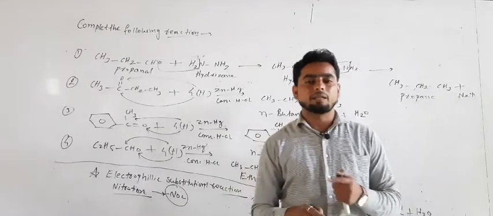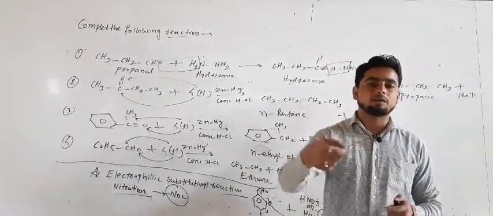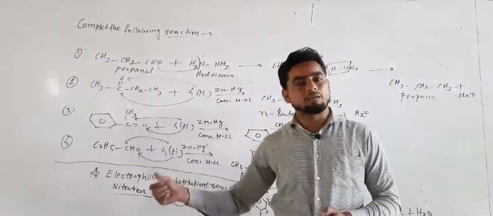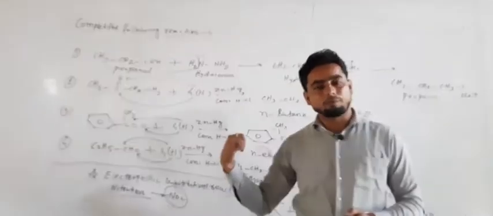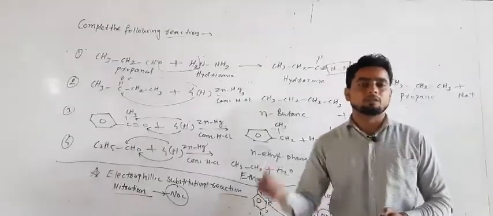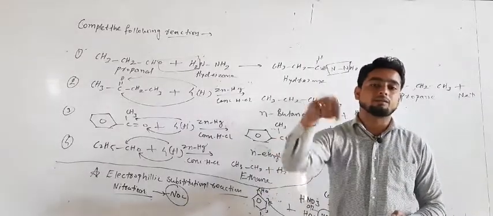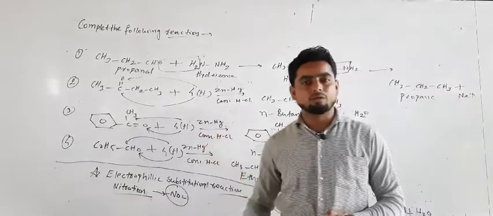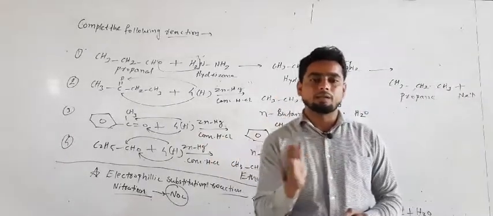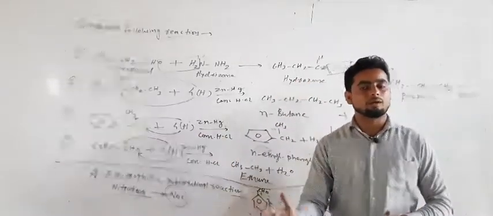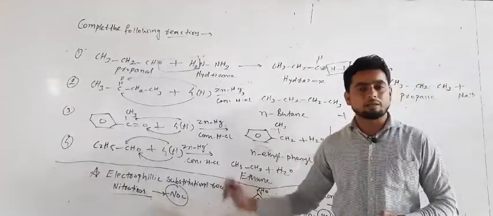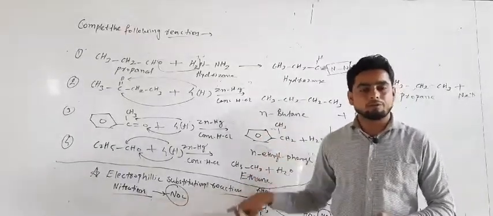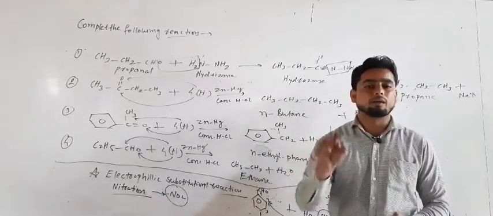So the meta carbon, as compared to the ortho and para carbon, has the higher electron density. The incoming electrophile, meaning electron loving, has a positive charge and attaches to the carbon that has high electron density. In the aldehyde and ketone, the ortho and para have less density, whereas the meta has high density. So the electrophile attaches to carbon number 2, called the meta position.